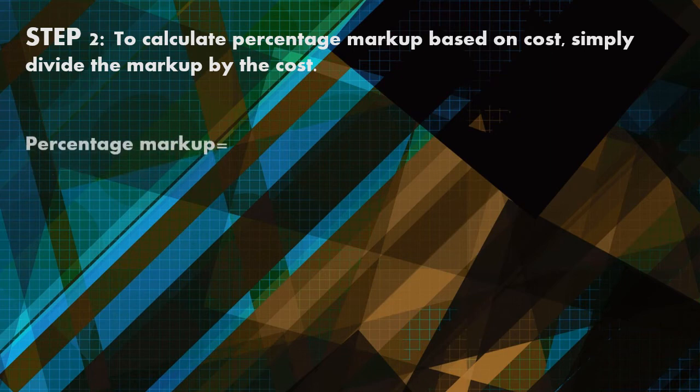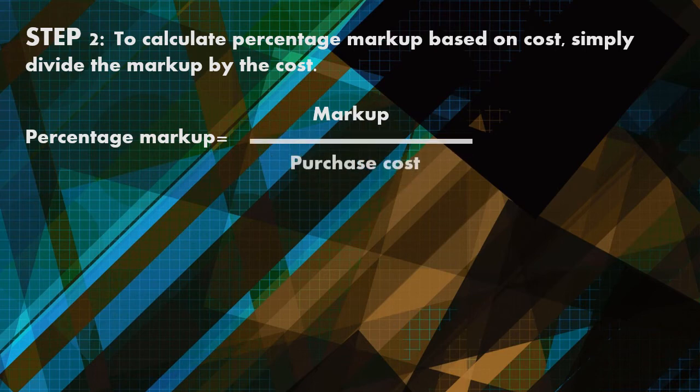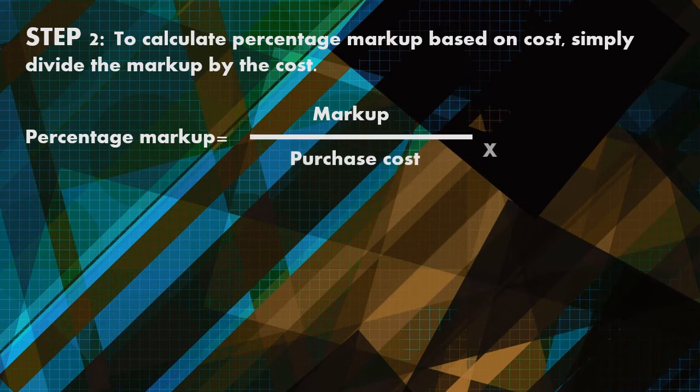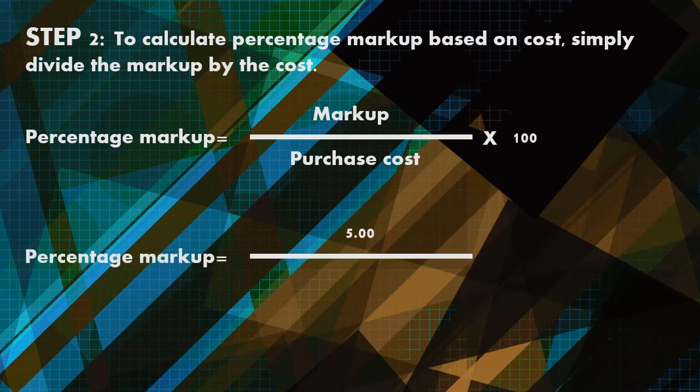Let's see. So percentage markup is equal to markup divided by purchase cost multiplied by 100. Now, for instance, your markup is worth 5 pesos and your purchase cost is 10 pesos. All you have to do is to divide them.